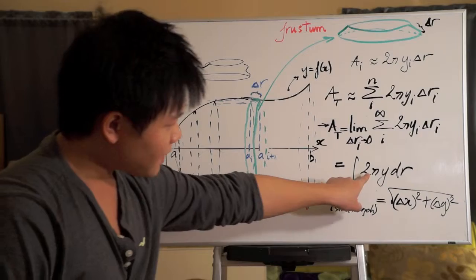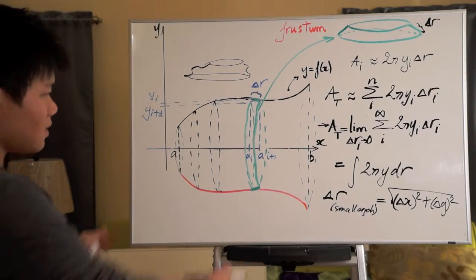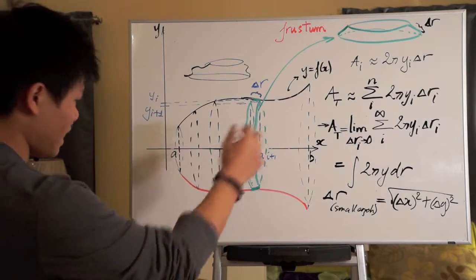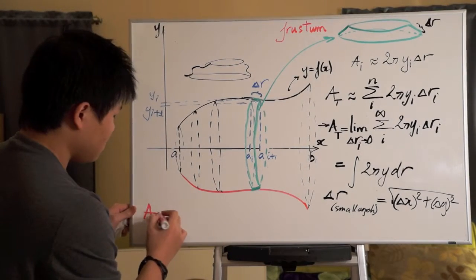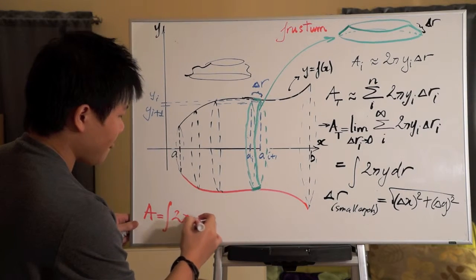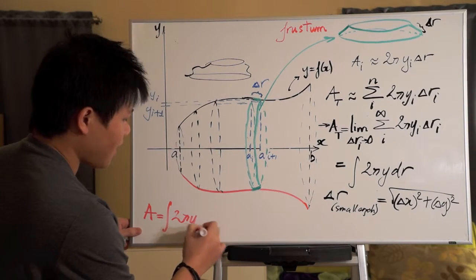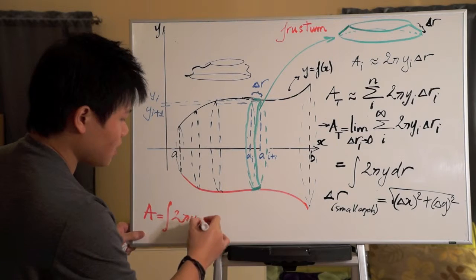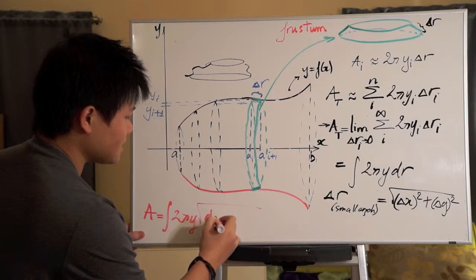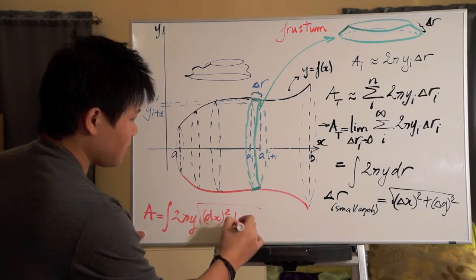And how do we transform this? We can transform it into some general equation. So we have A equal to the integral of 2 pi y times dr, and dr becomes the square root of dx squared plus dy squared.